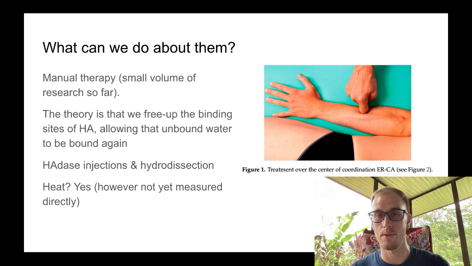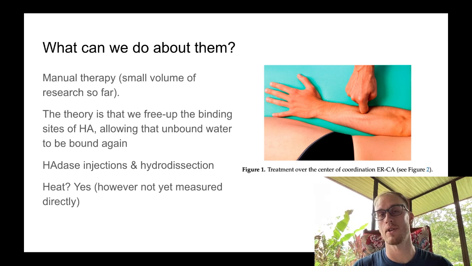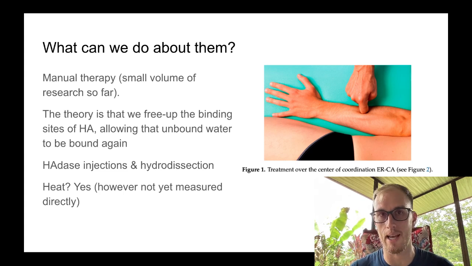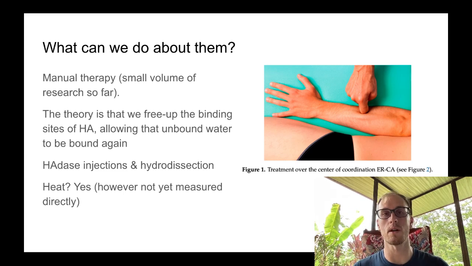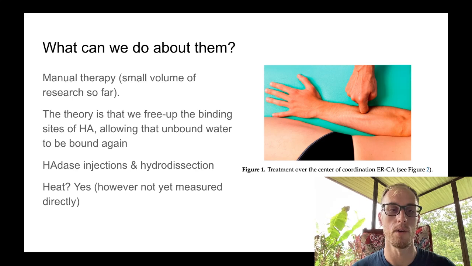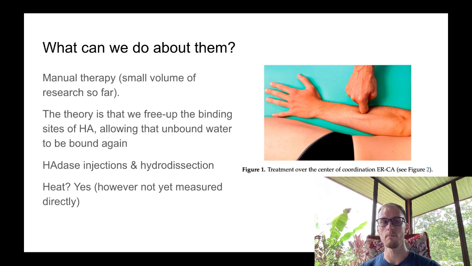The same is true then for the hyaluronidase. The hyaluronidase breaks down those interactions because it breaks down the hyaluronic acid chains into smaller chunks, which then allows those interactions to occur with water again.